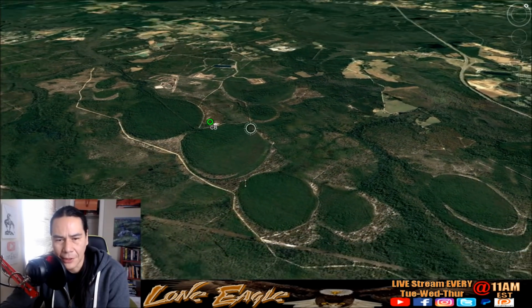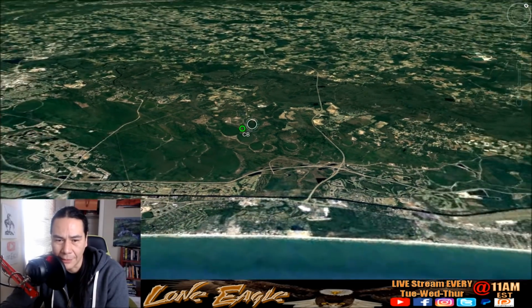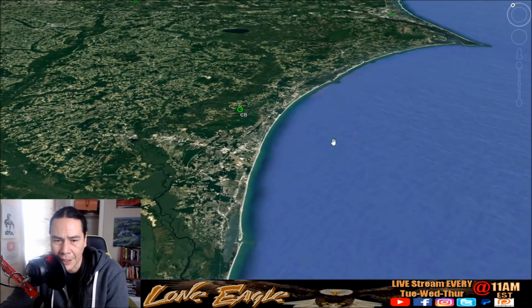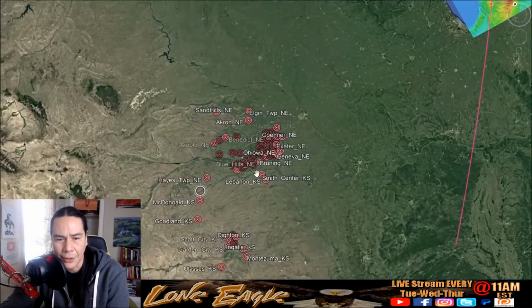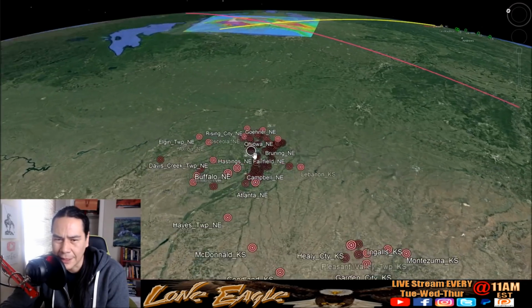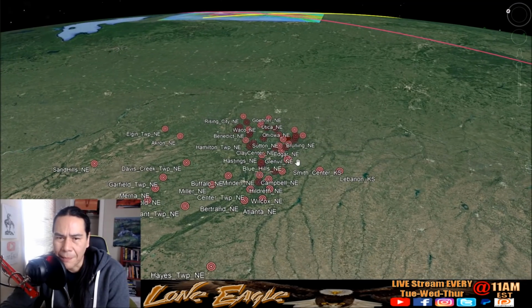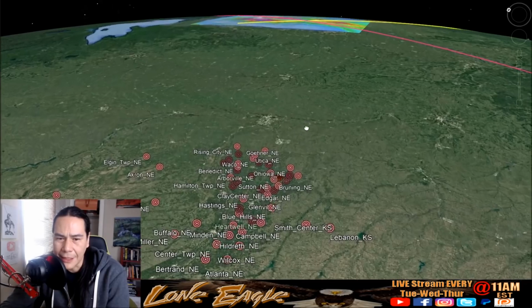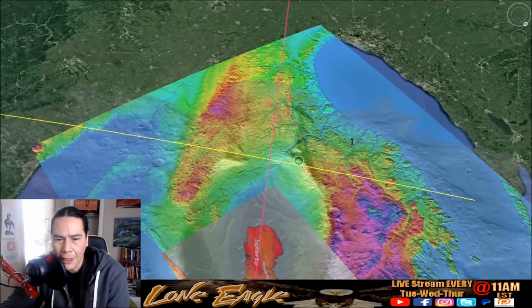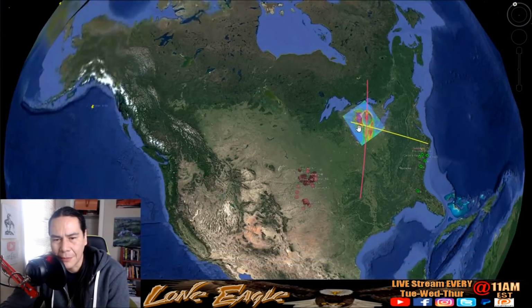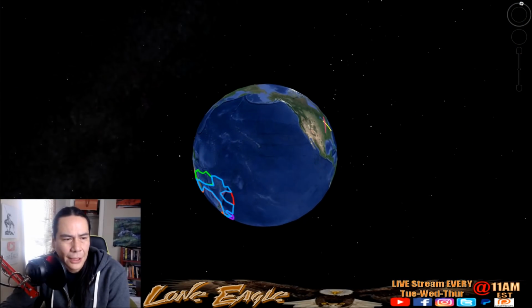See all these circles? Boom. And they're all pointing in the same direction. These are called Carolina Bays. They're all over the East Coast here and on the West Coast, or in central Midwest, I'd say. And they all originate in the same direction. Okay, they all originate from here. So something happened in this world. And we're being lied to about our history.